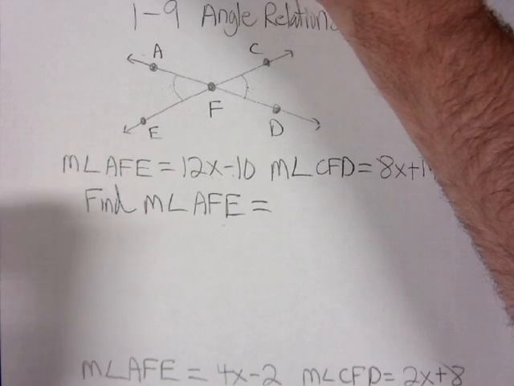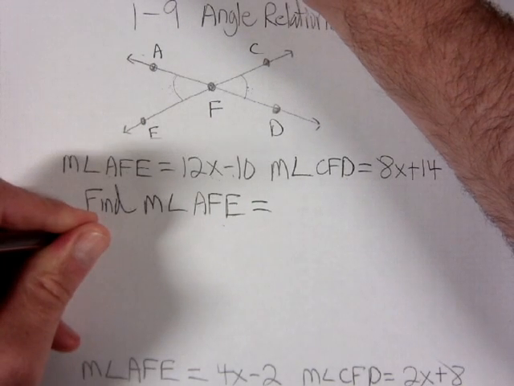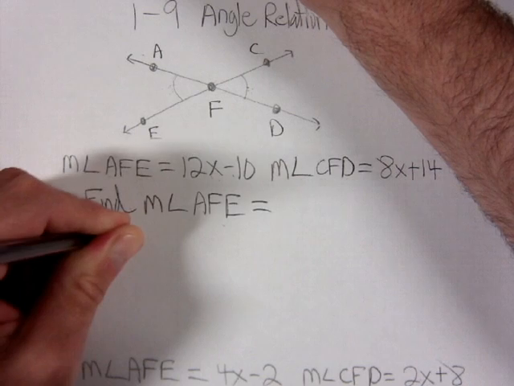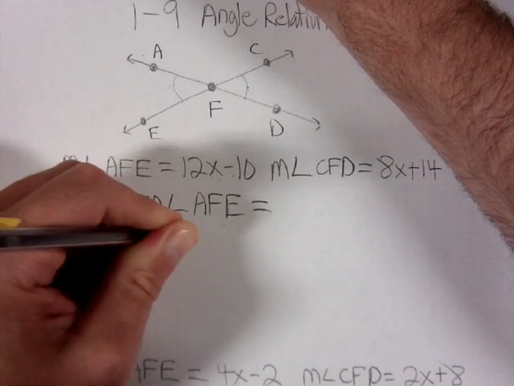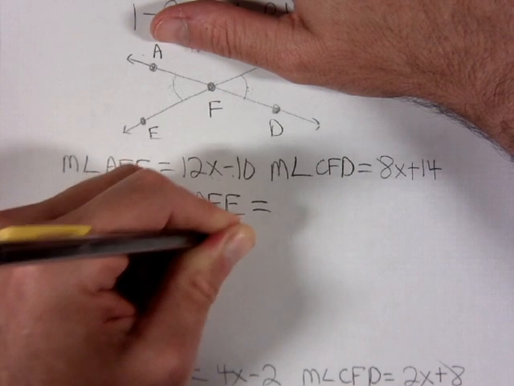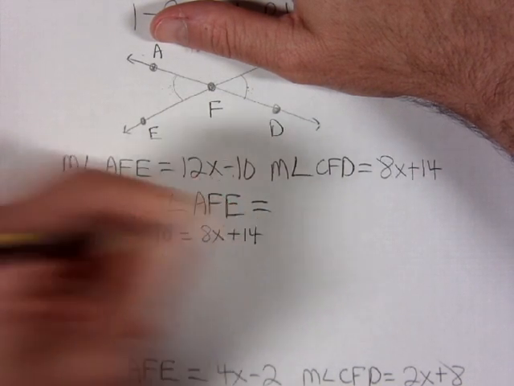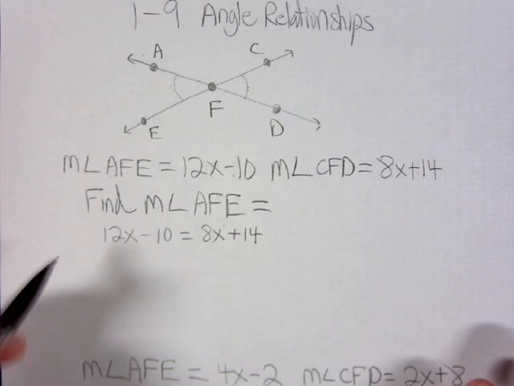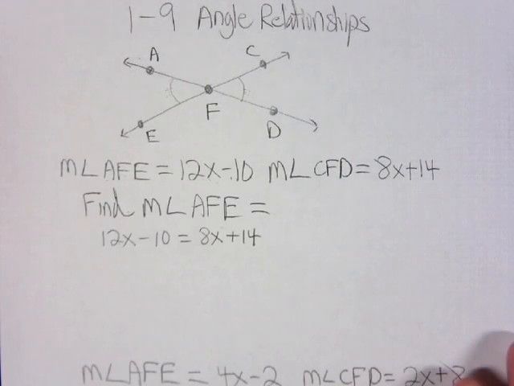So the correct equation to solve here would be the first one, which is 12x minus 10 equals 8x plus 14. And again, the reason I can set these equal is because they're vertical, and vertical angles have to be the same.